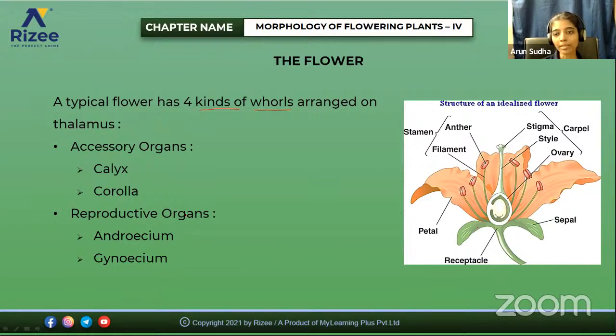So if you take any flower, it has the 4 kinds of whorls. But in some cases, all the 4 whorls are not present. So in that case, it is called an incomplete flower. If all the 4 whorls are present, that is calyx, corolla, androecium, and gynoecium, then that is called the complete flower.